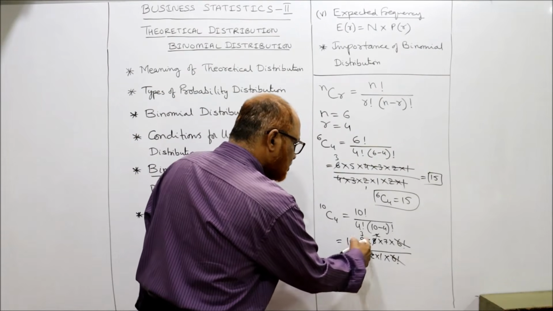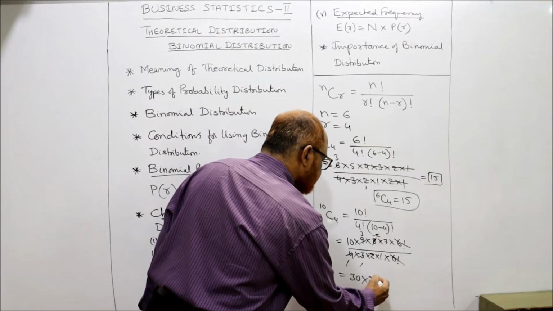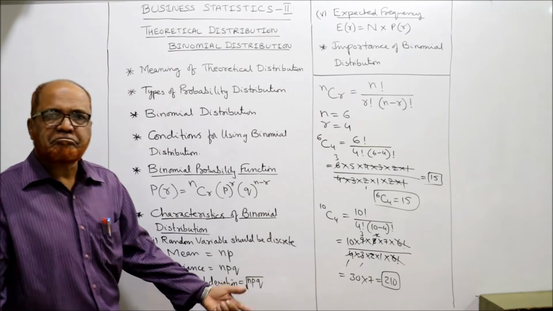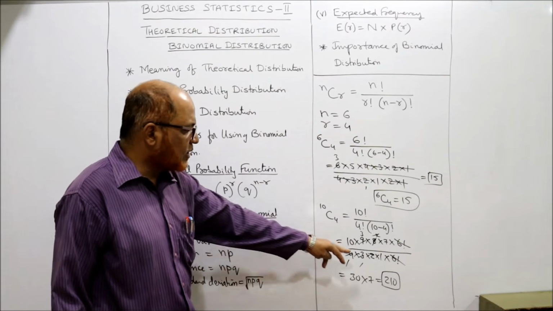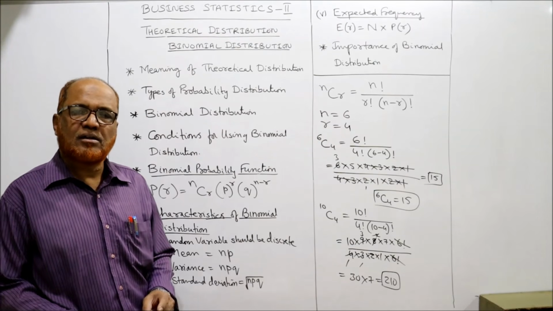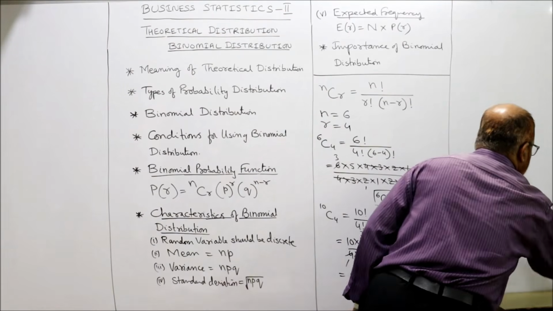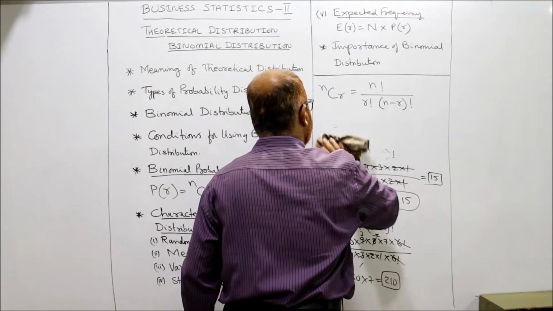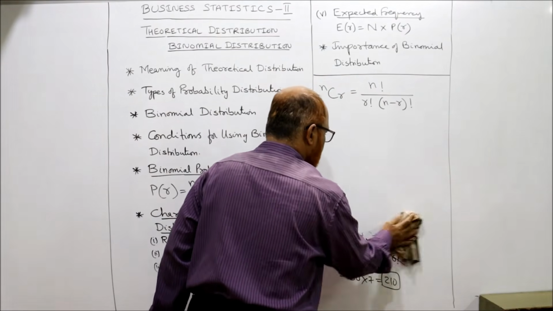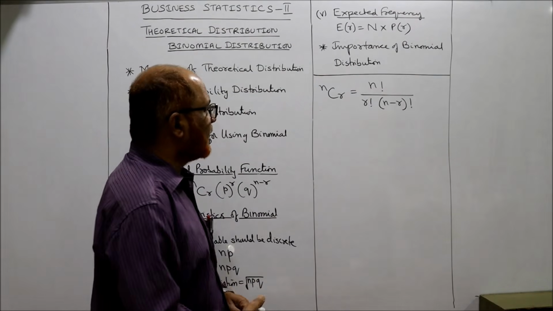Now 10 into 3, 30, into 7, 210. That's it. 10C4 is equal to 210. We got the answer. Hope you understood how to calculate NCR. This requirement is there for solving the problems on binomial distribution. You must have perfection in calculations.